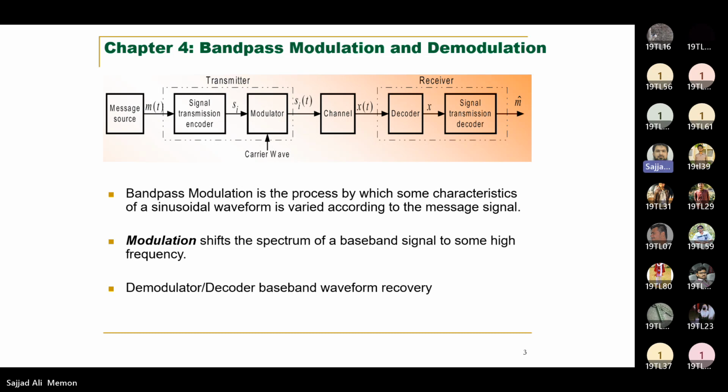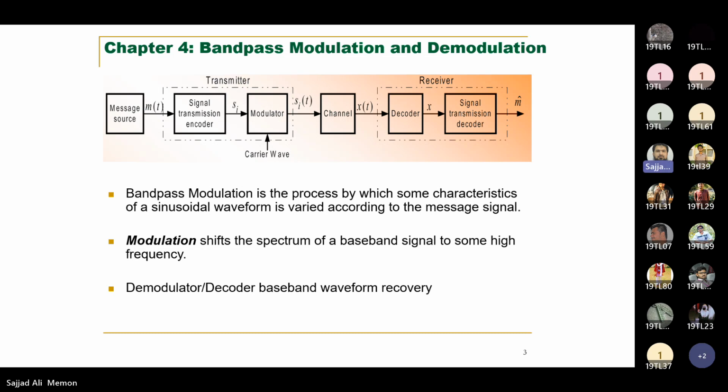So in this lecture, we will be learning band pass modulation and demodulation. Modulation means to change. So we change the characteristic of a sinusoidal waveform in accordance to the message signal. That process is called modulation.